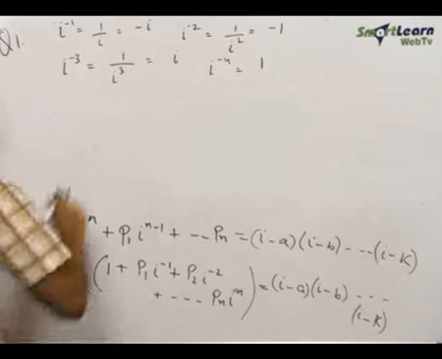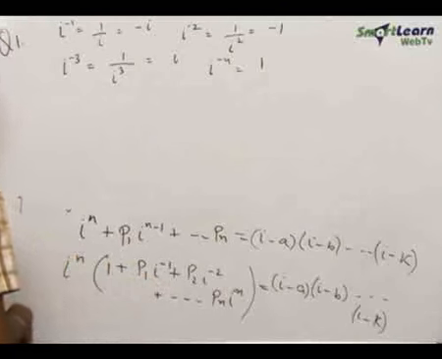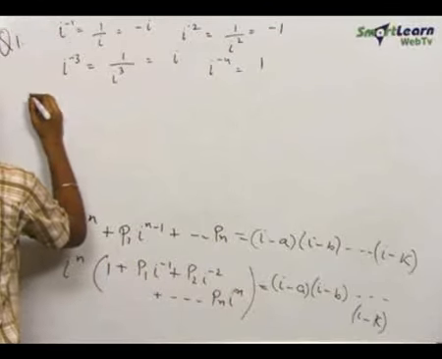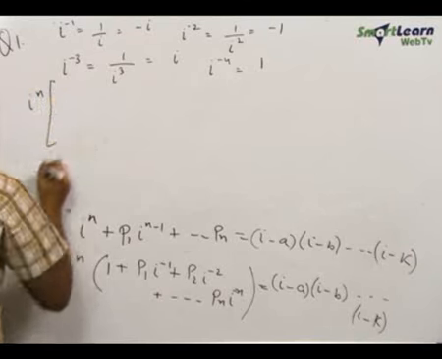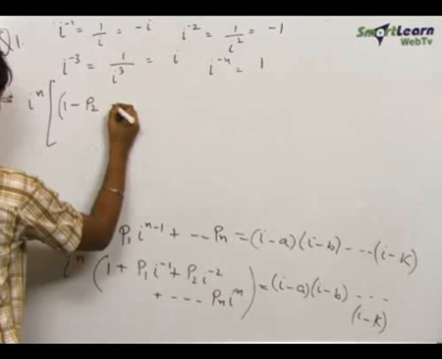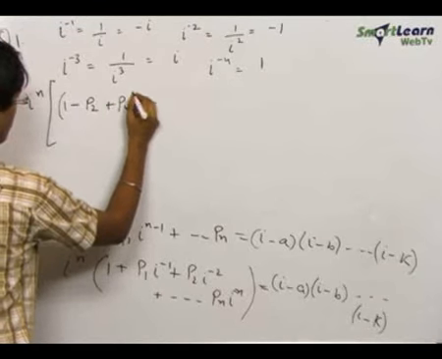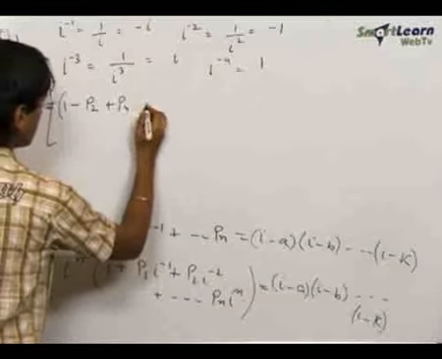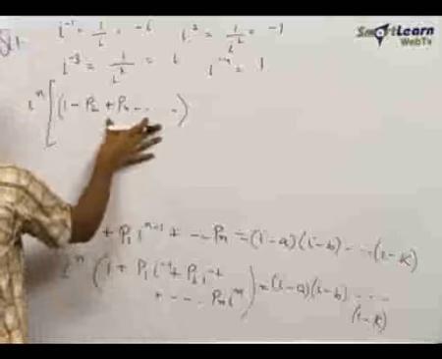So putting all these values in the given left hand side expression, we'll get iota power n into (1 minus p2 plus p4). This is the real part.